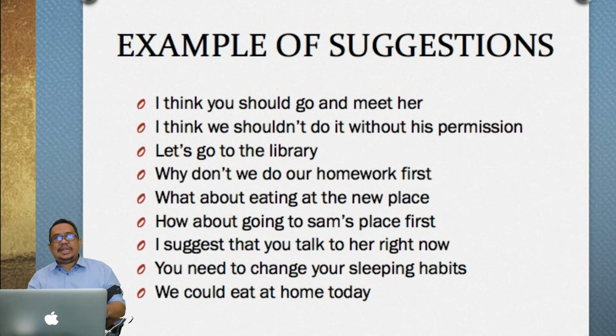What about eating, not what about eat. How about going, not how about go. So you have to put the ing form after the word about. That's the grammar point there.